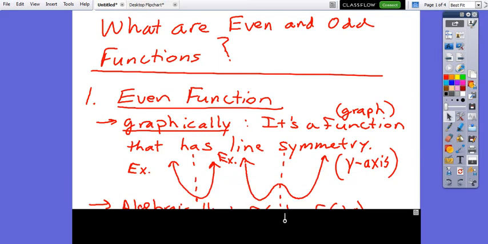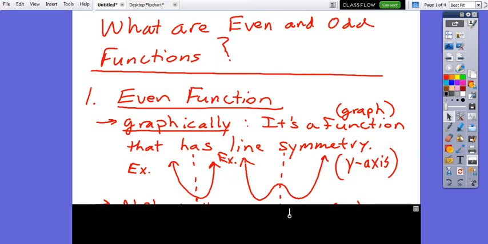Now, these are two examples of graphs that have line symmetry, as long as the y-axis is the line of symmetry. Notice that you can cut these two graphs in half and then fold them onto each other like they're mirror images.